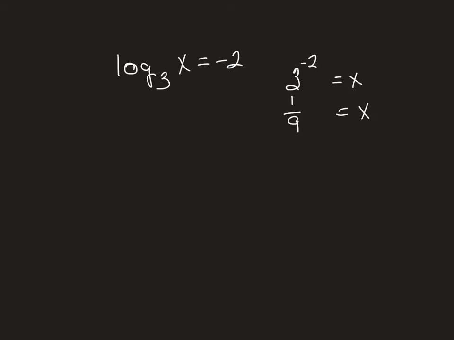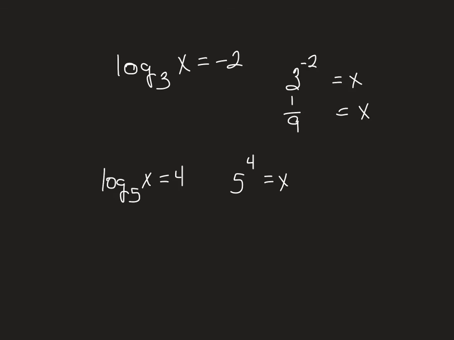Let's look at one more that's simple like this. Log base 5 of x equals 4. If I rewrite this as an exponential equation, it becomes 5 to the 4th equals x.